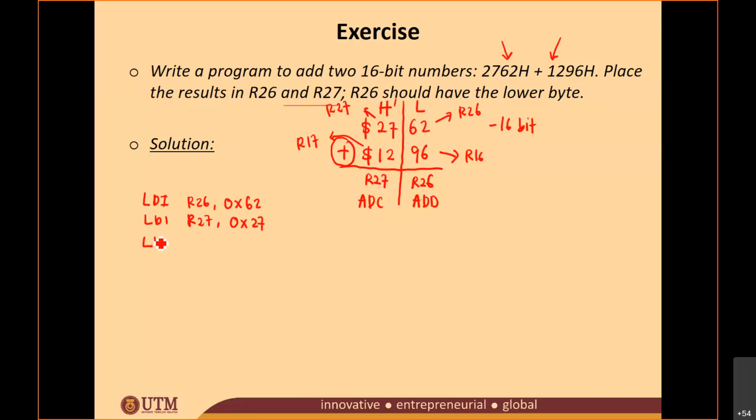And then LDI R16, 0x96, and LDI R17, 0x12. After you have finished putting these numbers into your GPR, then you can do the addition process.